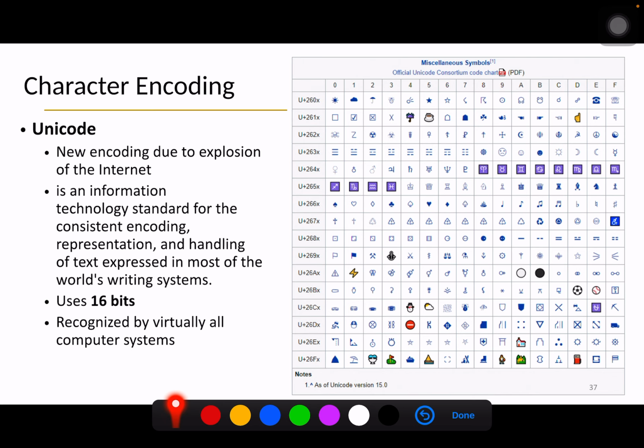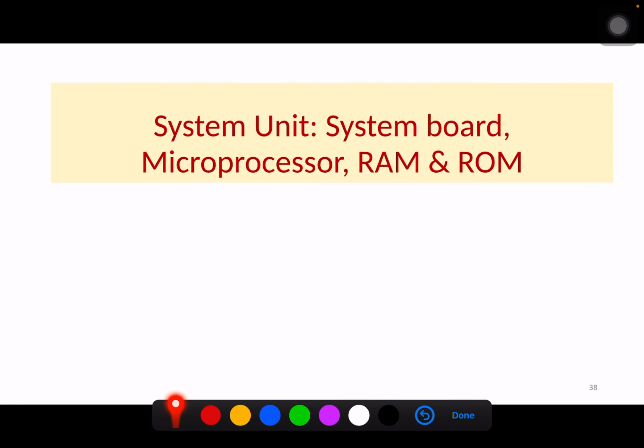But now we have so many characters. These are the basic ones only. Nowadays, I don't think 16 bits is enough to represent all the characters, including all the smileys and emoji that we have. So there is even more data that we need to represent.